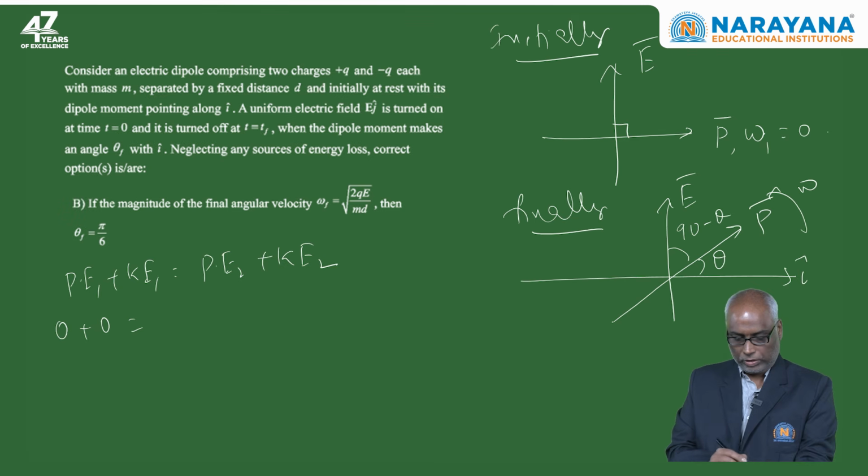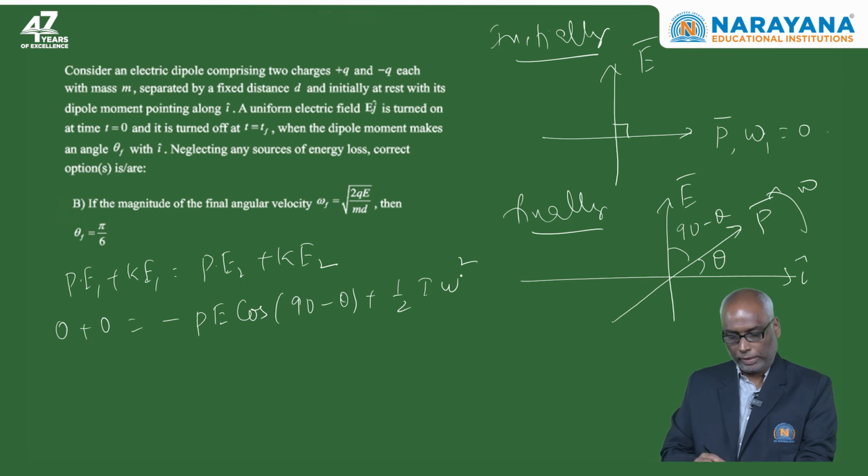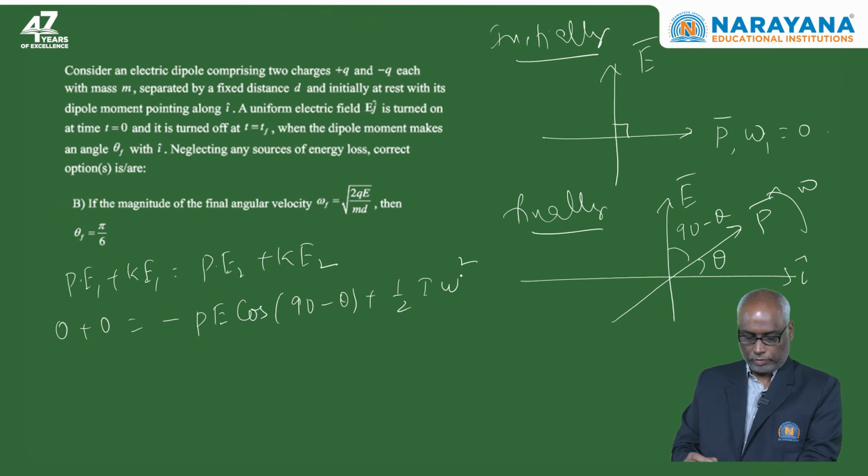Final potential energy becomes minus P E cos of the angle between the electric field and dipole moment, that is 90 minus theta, plus kinetic energy, which is half I omega square. So, from this equation I can say half I omega square becomes equal to P E sin theta.